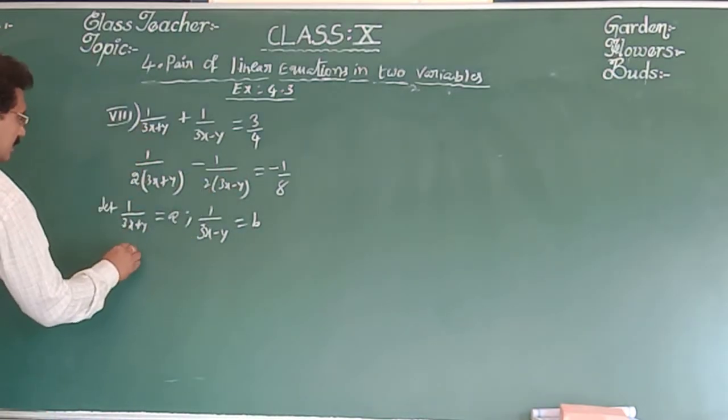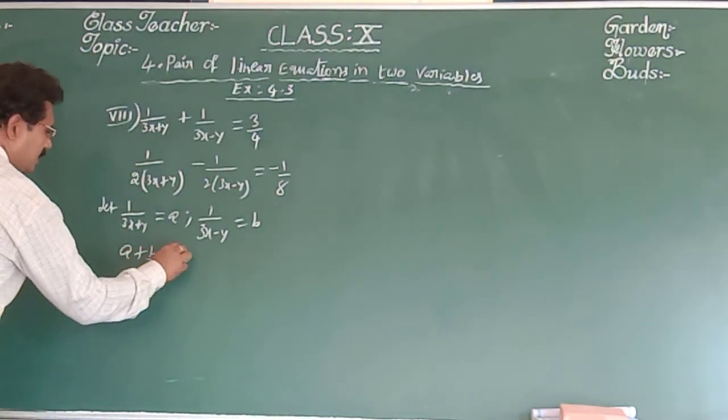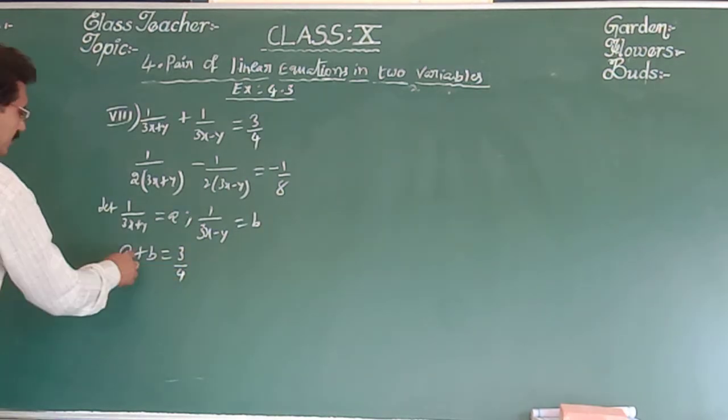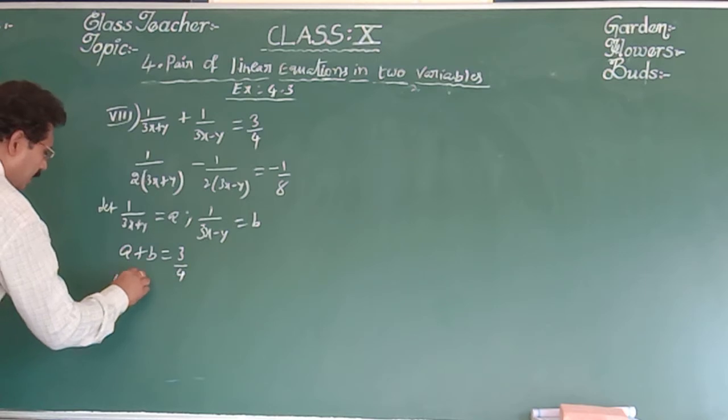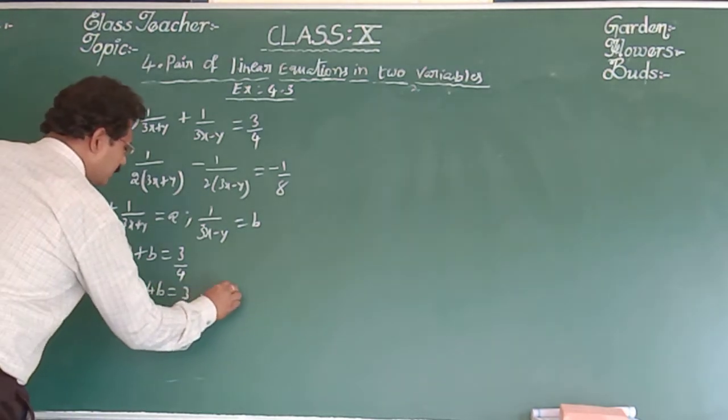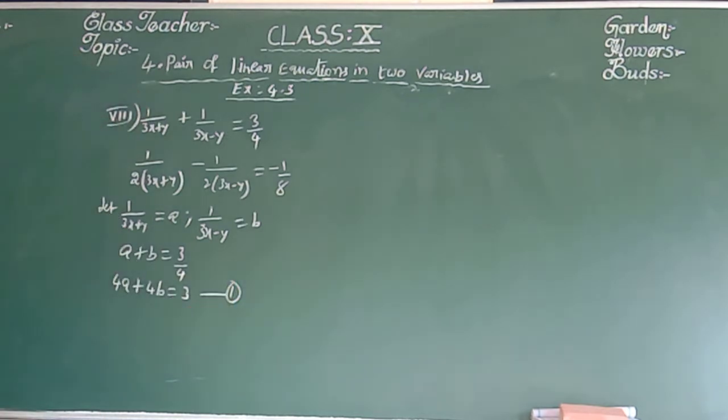Equation 1 becomes a plus b is equal to 3 by 4. Now cross multiply: 4a plus 4b is equal to 3. Call it equation number 1. Clear, children?